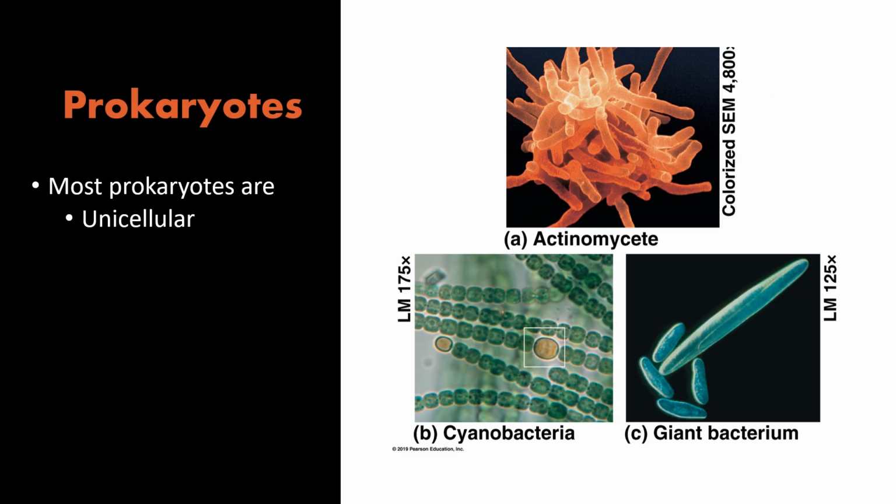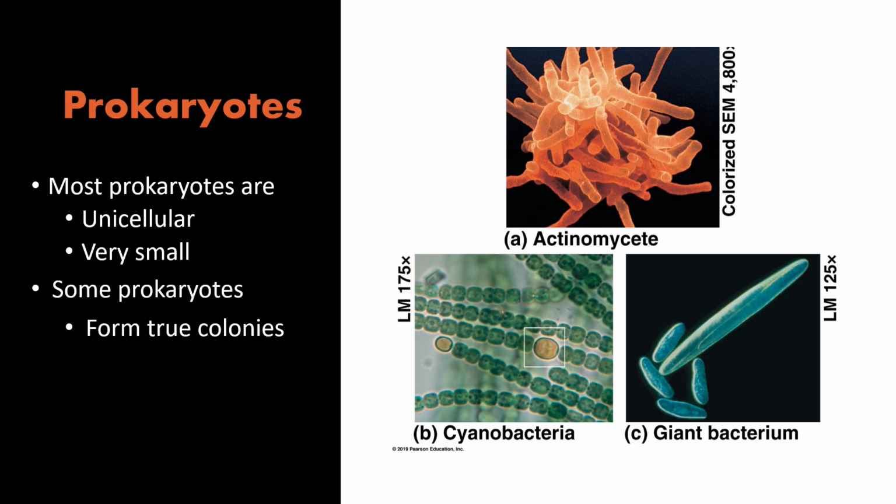Now, most prokaryotes are going to be unicellular. That is a defining characteristic. They are also very small, but you will sometimes find prokaryotes that form what we call true colonies. That means that you have bacteria living together, and there are sometimes specialized cells.